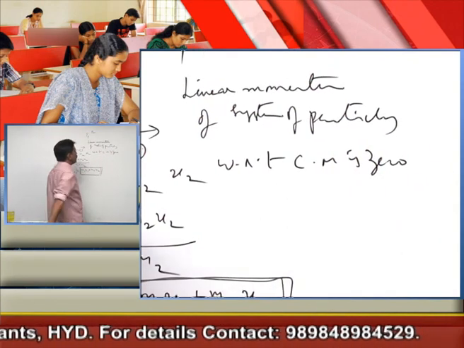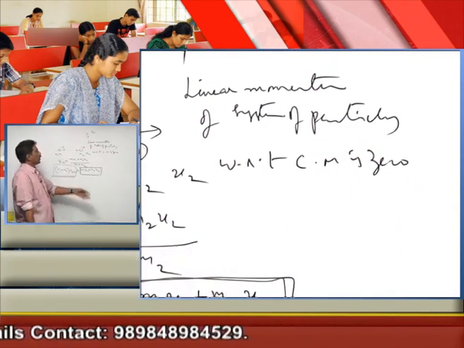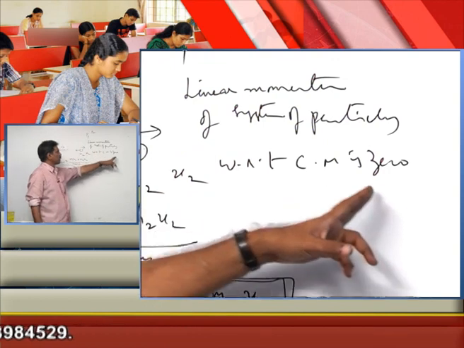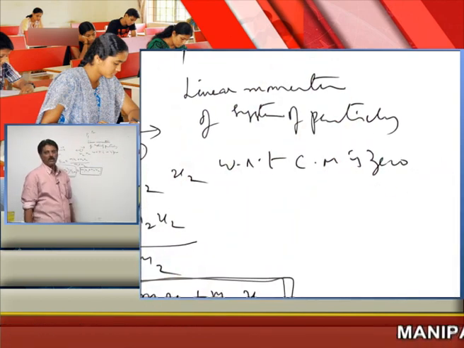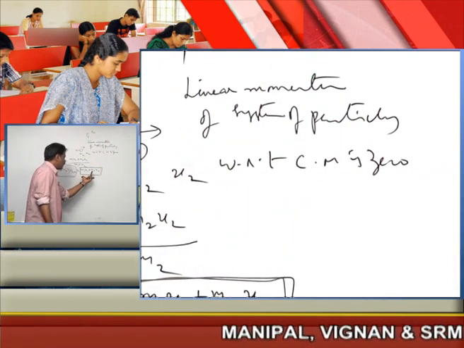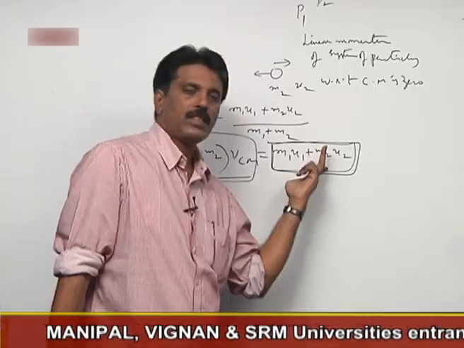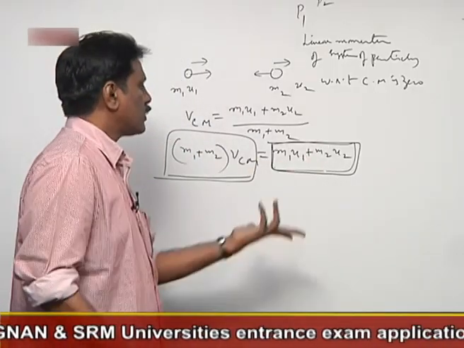This is a very important point. The linear momentum of a system of particles with respect to the center of mass is always 0. Why?